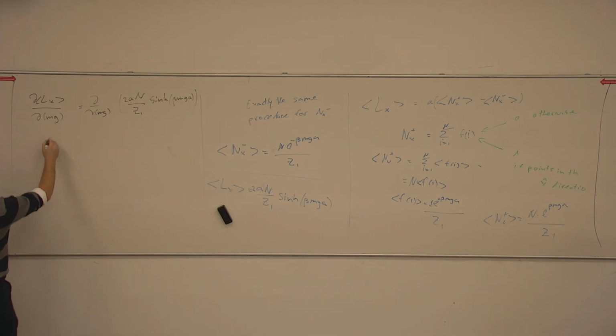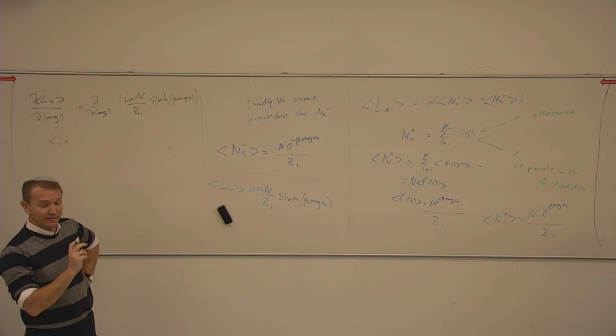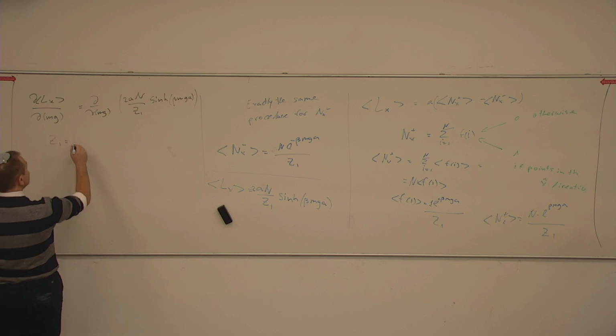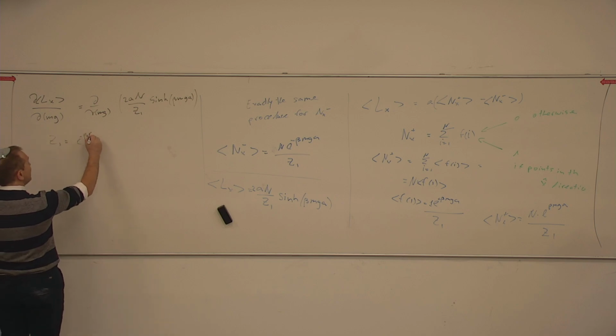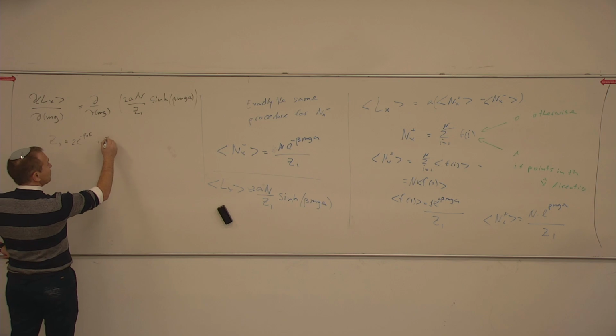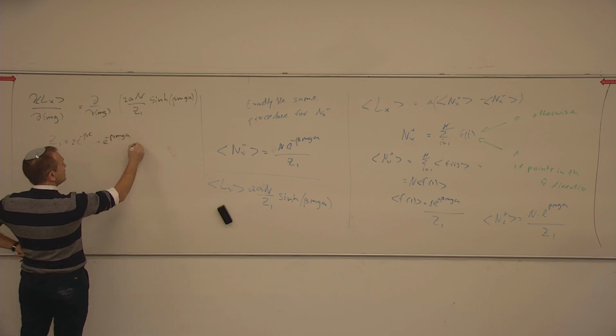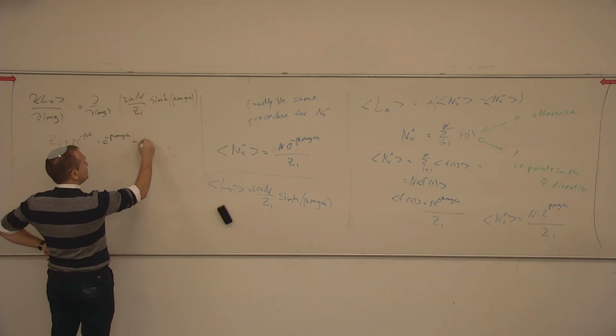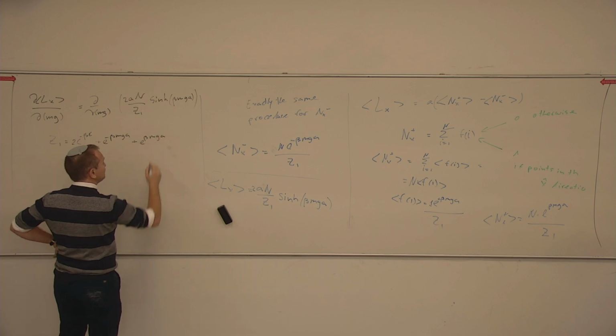I remind you, z1 is the partition function of one single effective particle, which was e to the power minus beta epsilon multiplied by 2, plus e to the power minus beta mga plus e to the power beta mga.